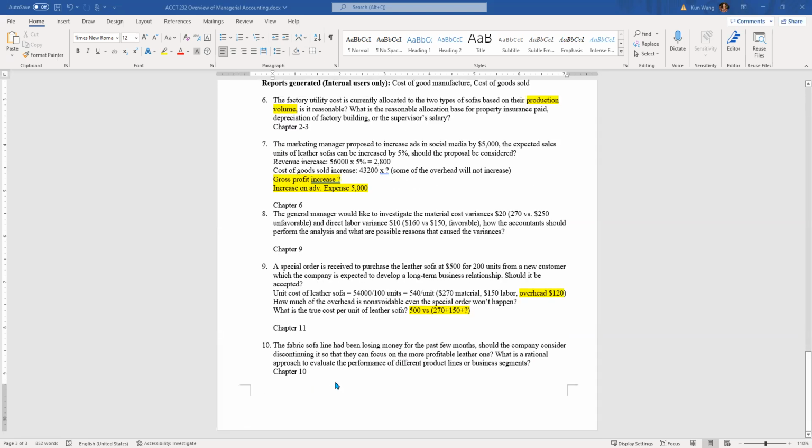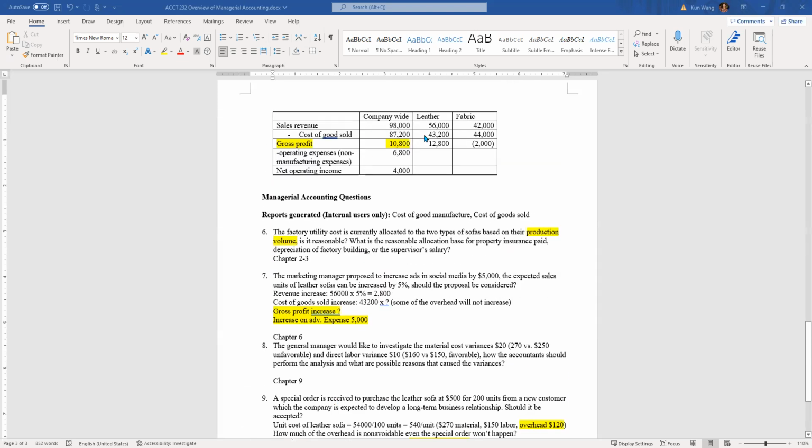And finally, number 10. From our analysis of the income statement, you can already tell the fabric line of the sofa has been losing money consecutively for a few months. Should we discontinue? The common sense is I will stop any product that is causing financial loss to the company.